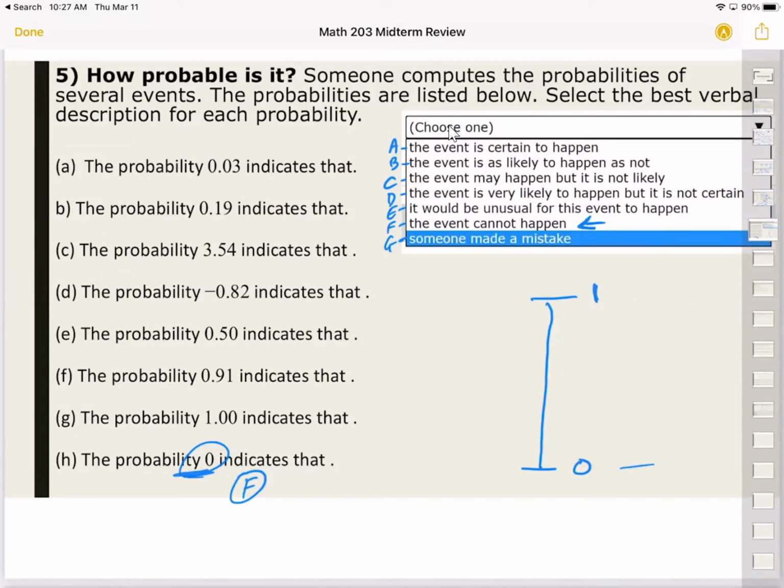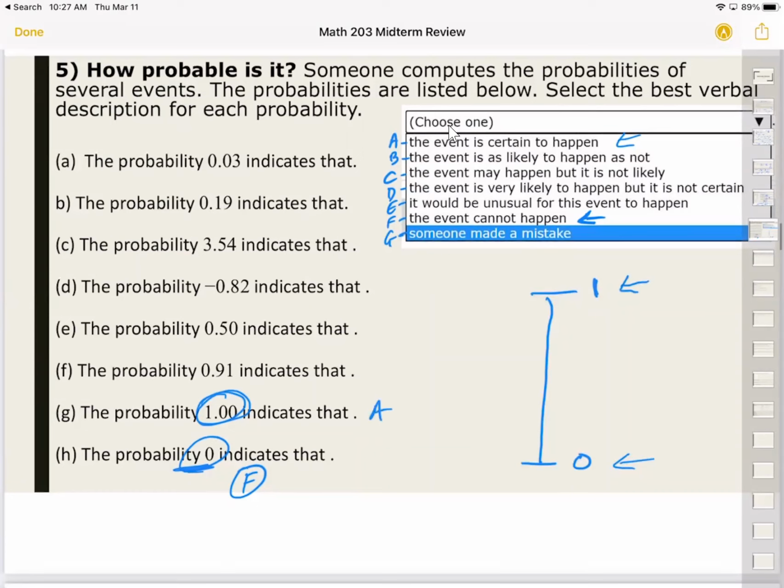Those are the two extremes: if the probability is 0, the event will never happen, and if the probability is 1, then the event will certainly happen, will always happen.